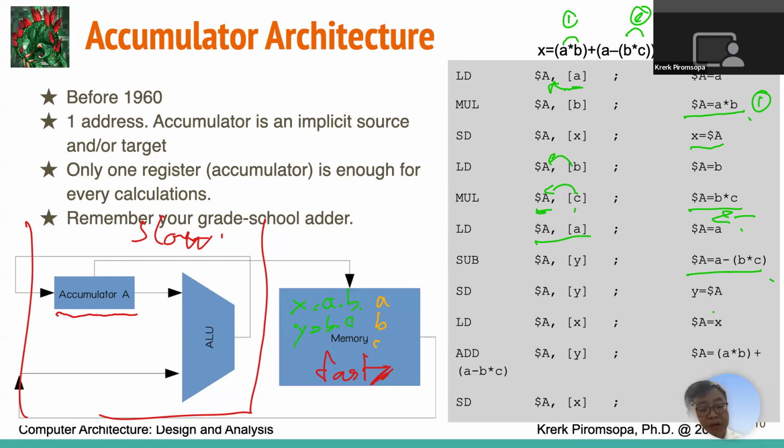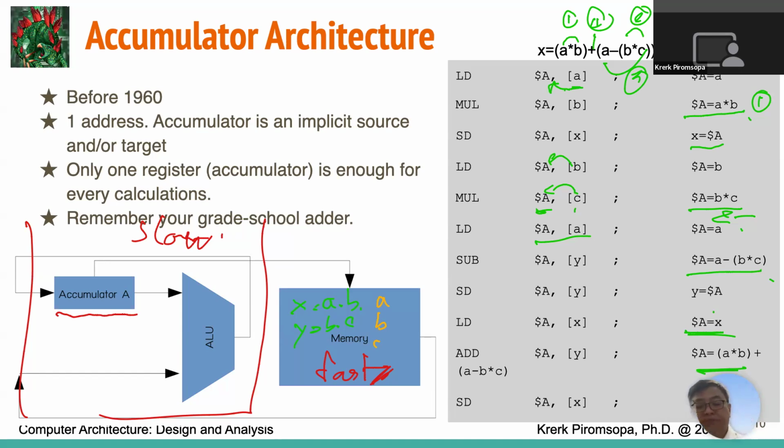Then you load X back in and add that with Y. Got my point? Like that. Keep going.